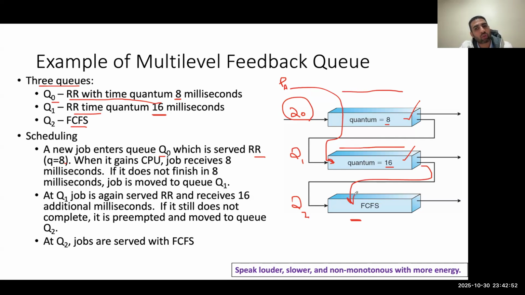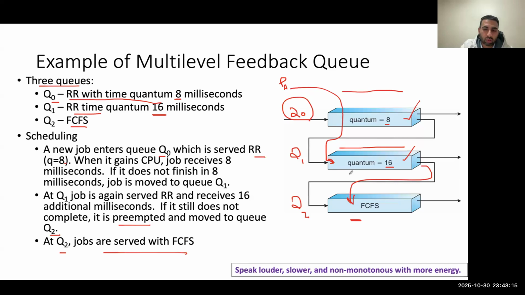We are effectively reducing its priority level, right? Now it will be moved to FCFS, and here it will be served first come first serve. If it still does not complete, it is preempted and moved to Q2. At Q2, jobs are served with first come first serve.